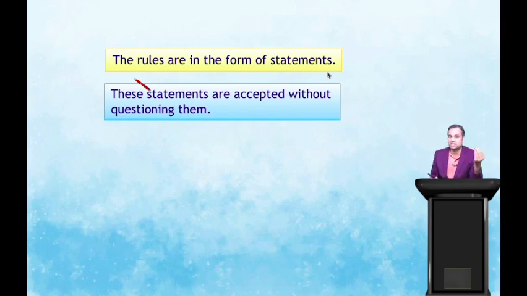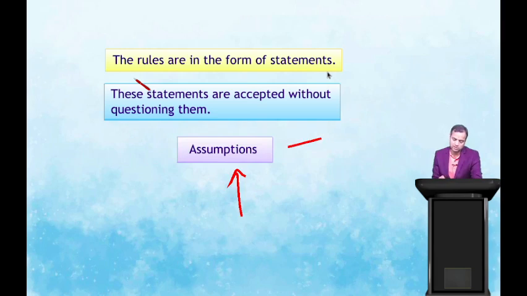Same as we can't question why there are only 6 balls in 1 over, why there are only 11 players in one team, because we have to start the game. So we accept these statements without questioning. These are called assumptions.